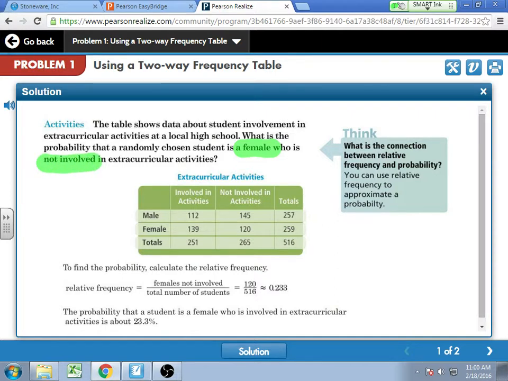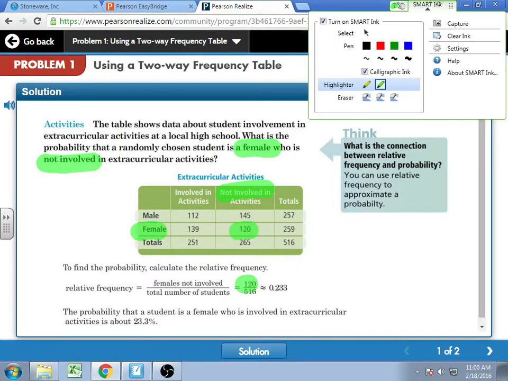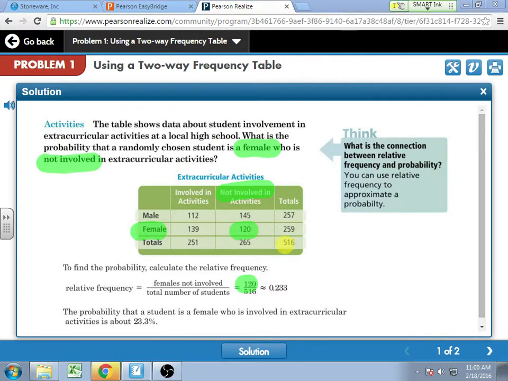So we're looking for female not involved. That would be this 120, which is where I get my 120. But then what we're looking at probability out of is the entire group of students. So that gives me my 516 on bottom, and we get about 23%.